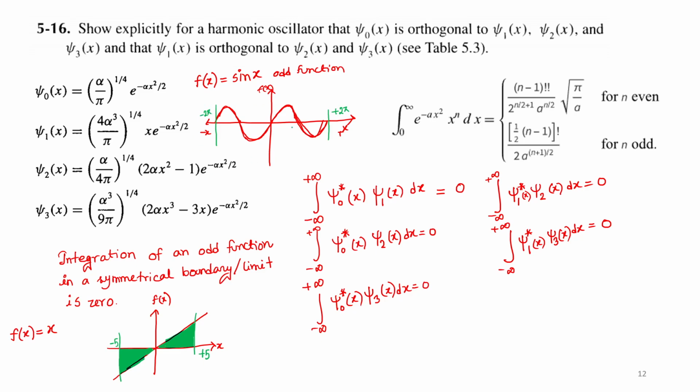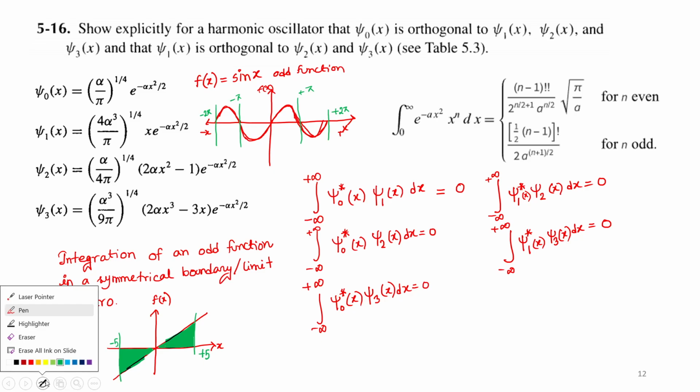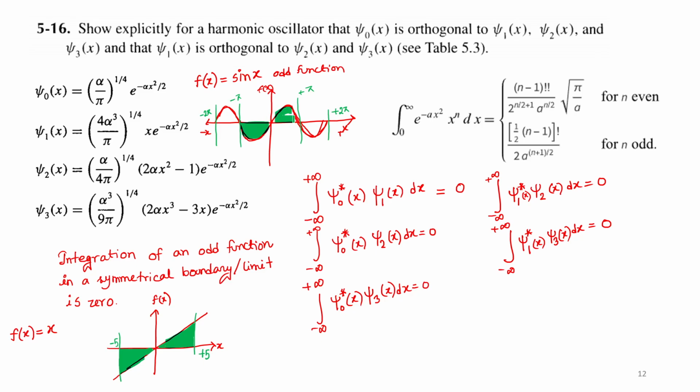You can take any limit, but symmetrical. If it is pi, it is minus pi, so you have to take plus pi. If you now integrate the area under the curve, for this part you are going to get negative, from minus pi to pi, and here also you are going to get the same value.